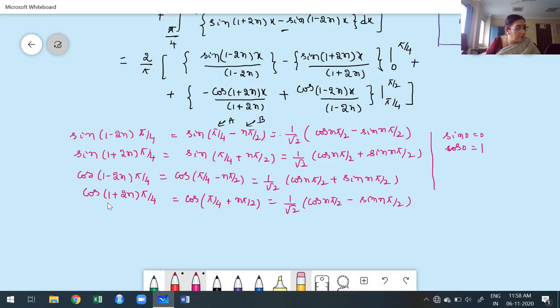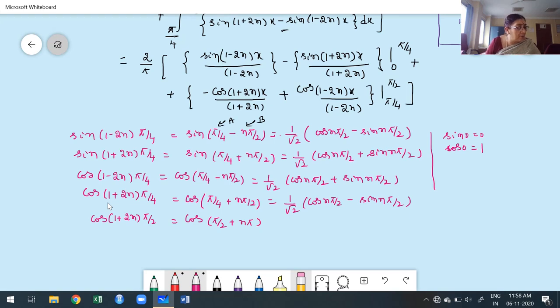And also I have to find out pi by 2, for cos, not for the sin, because here I am going from pi by 4 to pi by 2. Therefore, I want cos of another value, (1 plus 2n) into pi by 2. What we get? Cos of pi by 2, 2 cancels in pi.